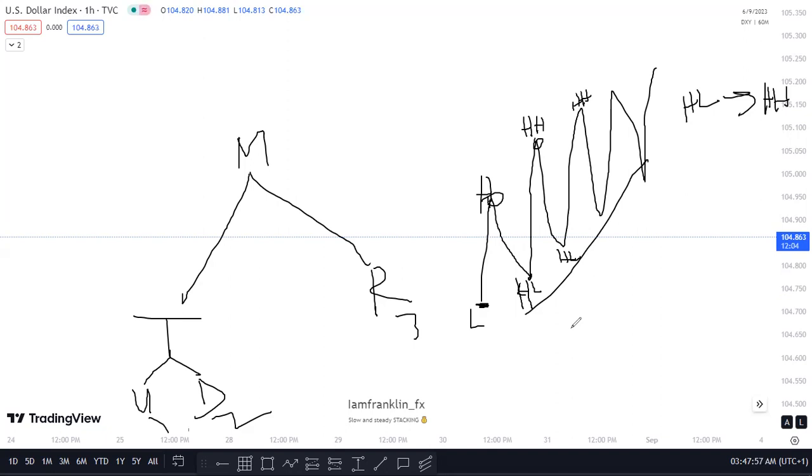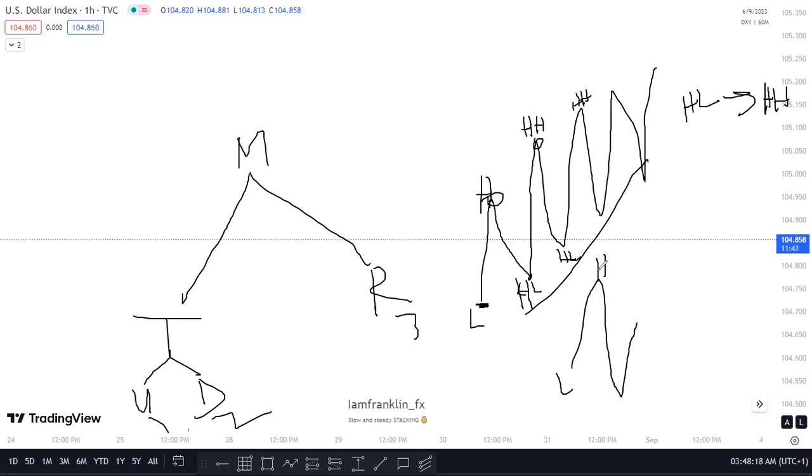I hope it's clear. What about a situation like this? Is this an uptrend? This is a low and a high.